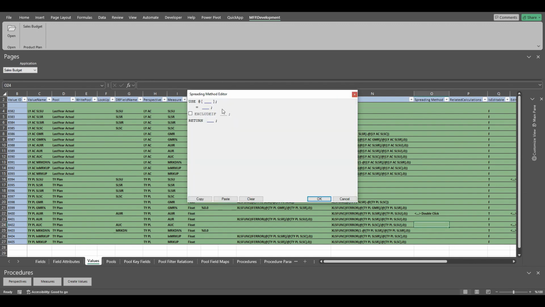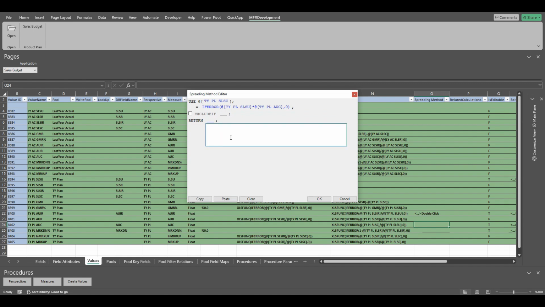Let's open the editor, and in the use section, I write this year plan sales cost. The formula, again, inside of if error, this year plan sales unit multiplied by average unit cost. No exclude if.